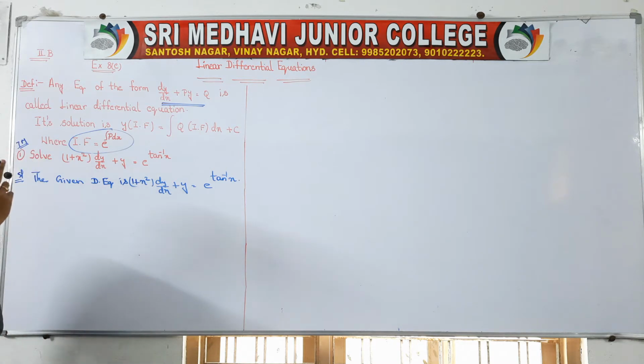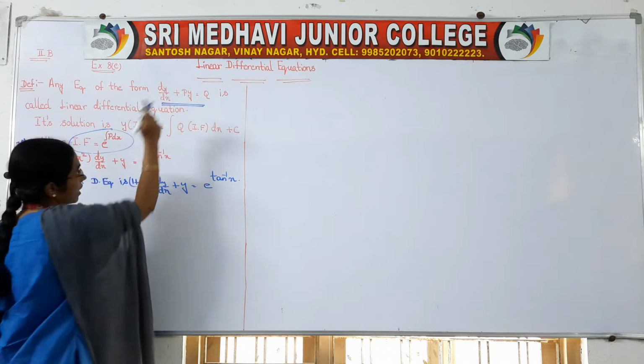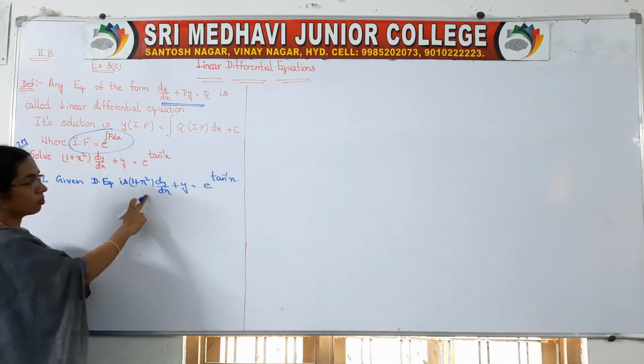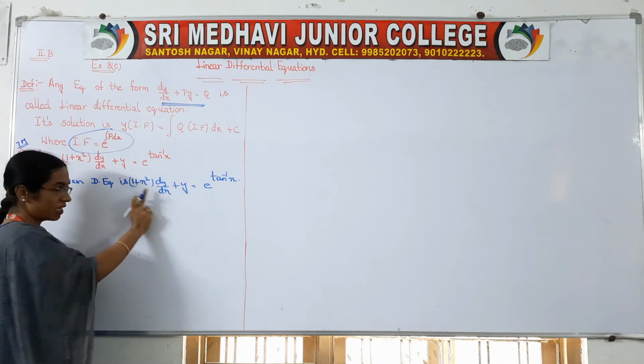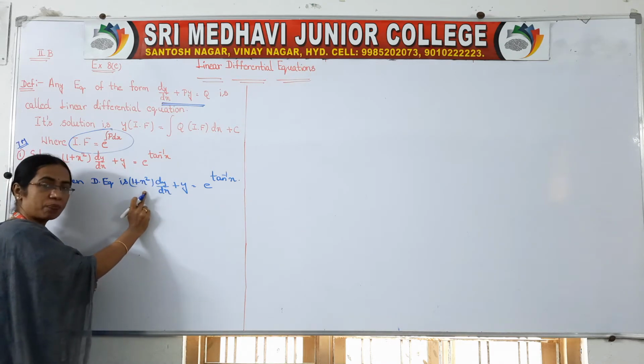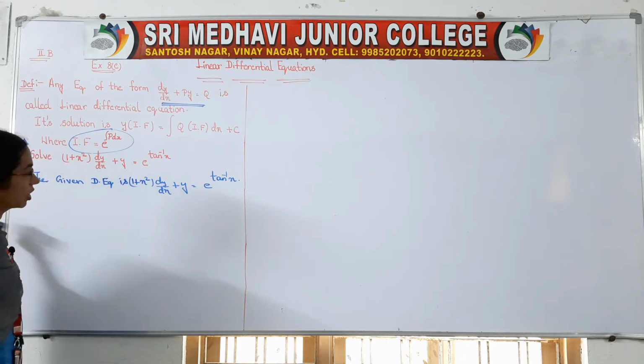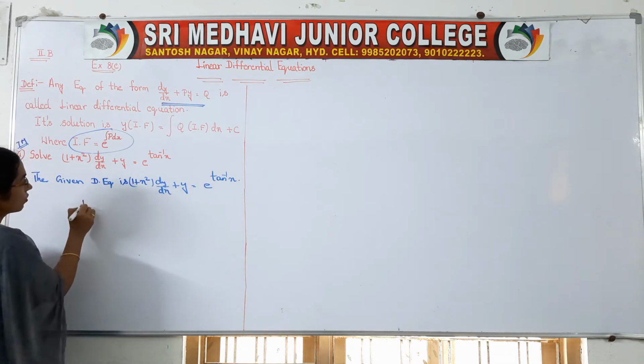If we observe our linear differential form, it starts with dy by dx. Only dy by dx must be there. But our problem contains, along with dy by dx, 1 plus x square. So we have to divide both sides by 1 plus x square.